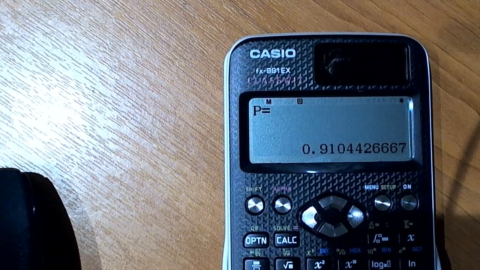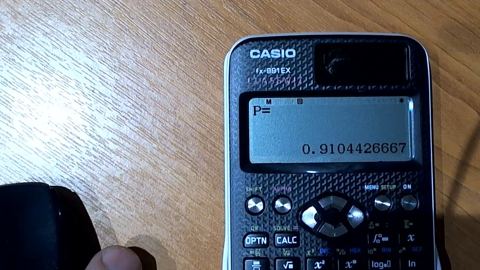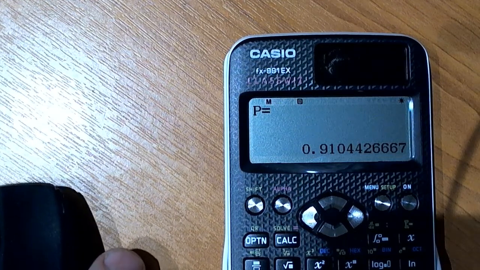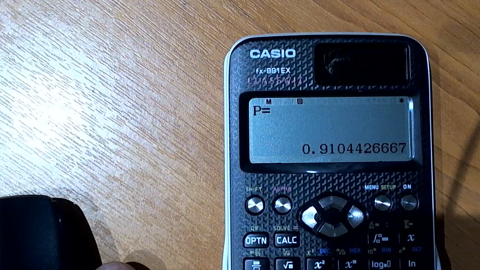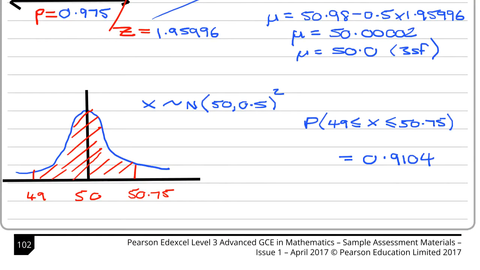And that should be our answer to part A, 0.9104. So just highlighting there, the probability that 49 is less than or equal to x is less than or equal to 50.75 is 0.9104.